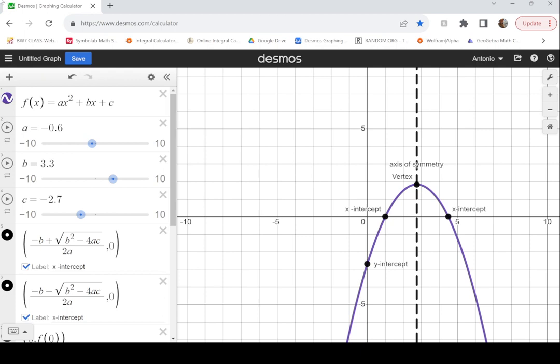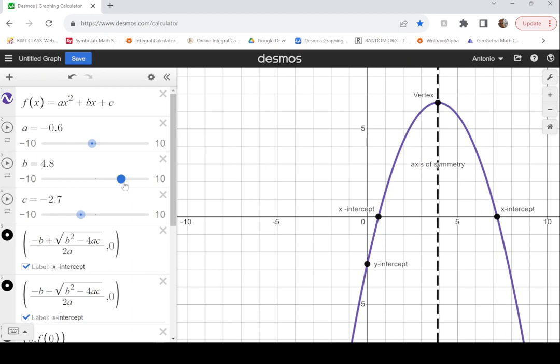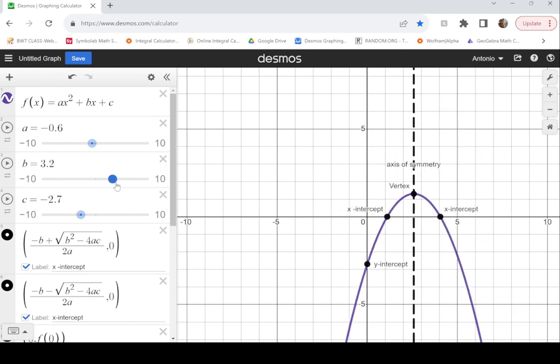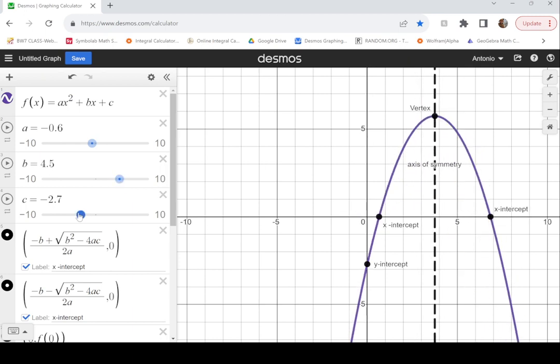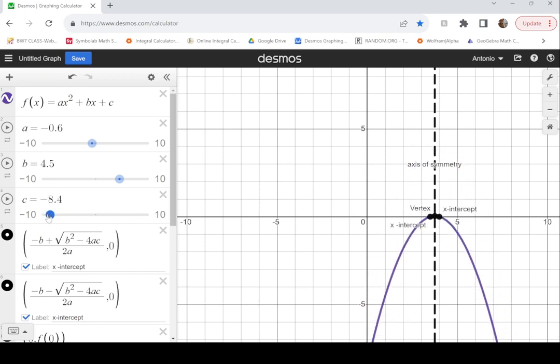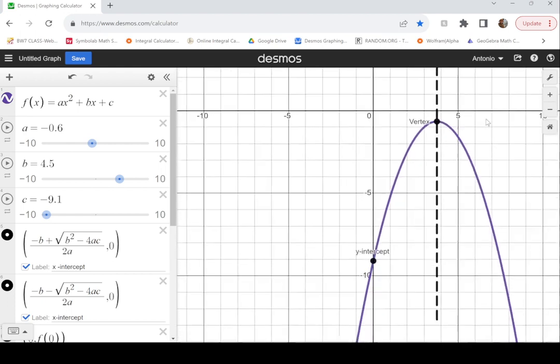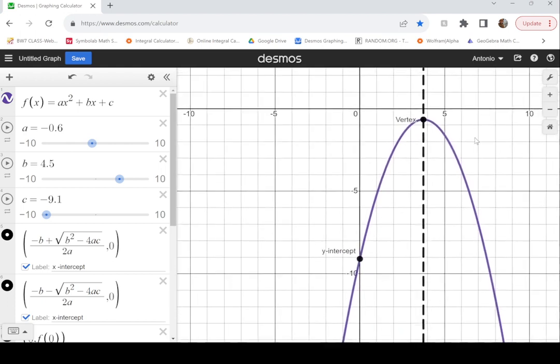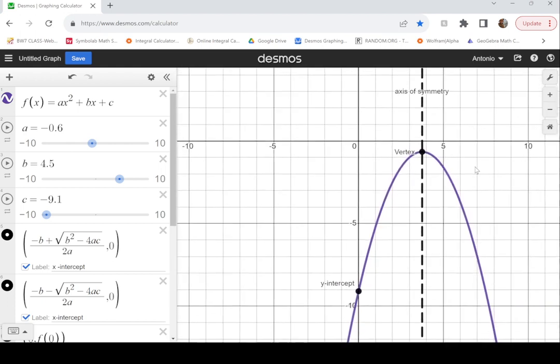As I play around with the values of B, that affects the shape of it. Sometimes we'll have no x-intercepts, but we'll always have a y-intercept of some kind, since we can always set x equal to 0.